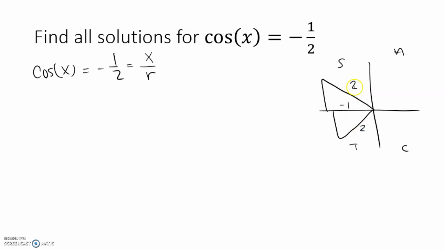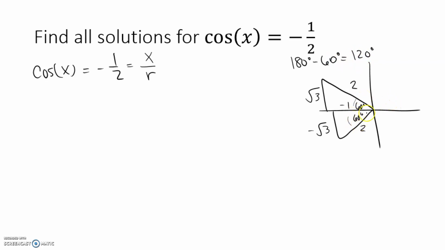And if I've got a 1 and a 2, this has got to be the square root of 3. This one will be negative, which means directly across from the square root of 3, you have 60 degrees. Now I don't want 60 degrees. I want the angle in standard position. So to get the angle in standard position, if I'm in quadrant 2, we would do 180 minus 60, which is going to give us 120.